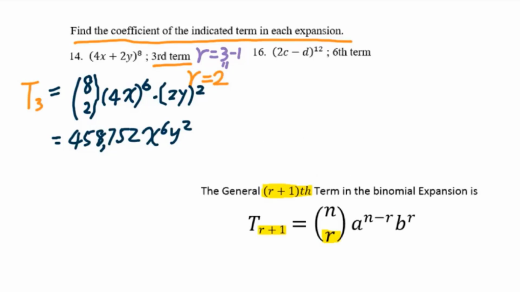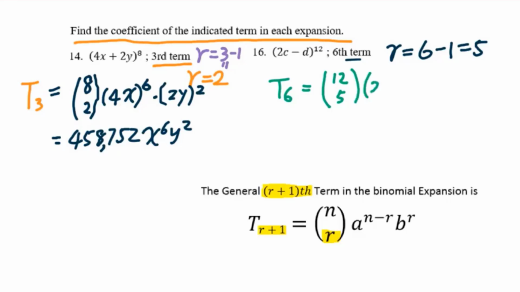For number 16, sixth term, that means r equals 6 minus 1 equals 5. Therefore, sixth term equals 12 choose 5. 2c, do the 12 minus 5's power, times negative d, do the 5th power.